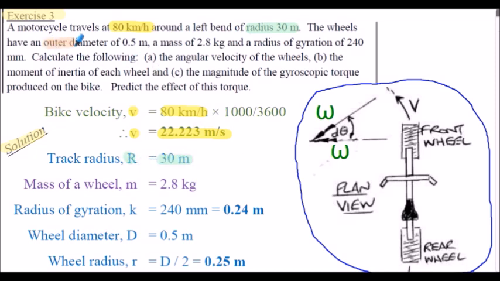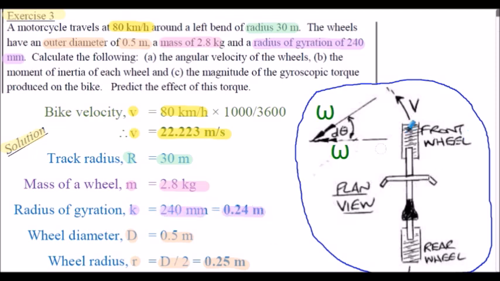The outside diameter is 0.5 meters, so capital D here is 0.5 meters. That means the radius of the wheel is D divided by 2, so 0.25 meters. The mass of one wheel is 2.8 kilograms, so M is 2.8 kilograms. And the radius of gyration was 240 millimeters, so K is 0.24 meters.